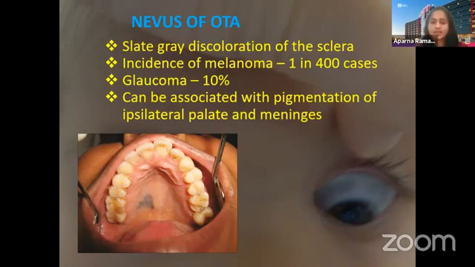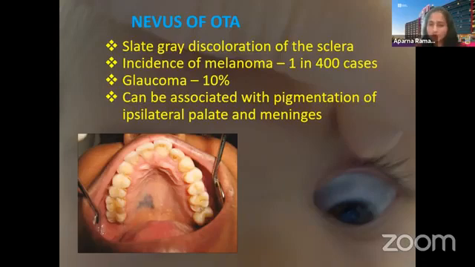So hence, it's advisable that you do gonioscopy in these kids at least once a year. And if you do see evidence of glaucoma, it's usually treated very similar to pigmentary glaucoma. It can sometimes also be associated with pigmentation of the ipsilateral palate and the meninges on the same side. So that's why I always advise that, in all nevus of Ota kids, I do look into their mouth to see if I see a pigment in their palate and see if there's any change in that palatal pigment.